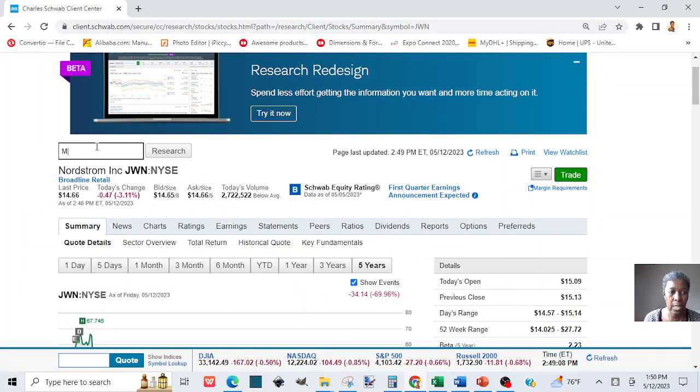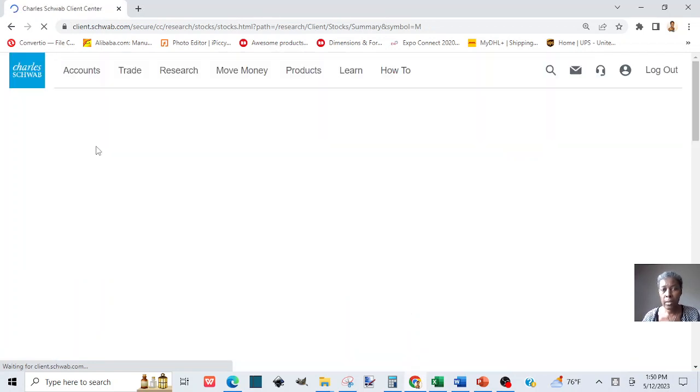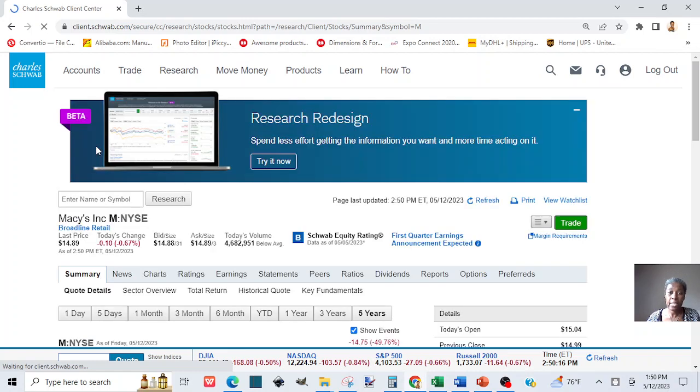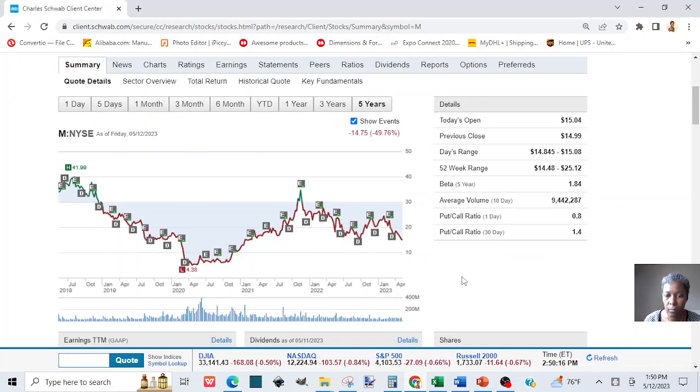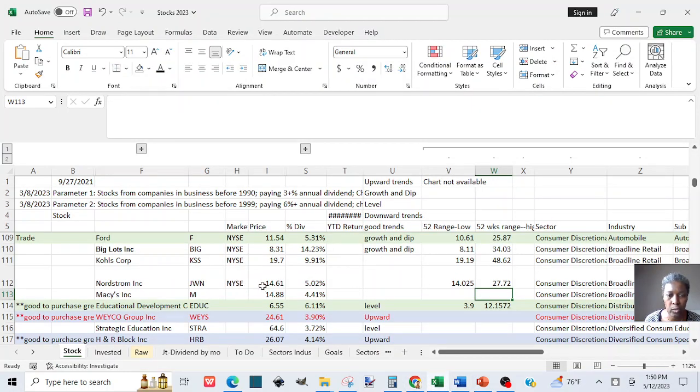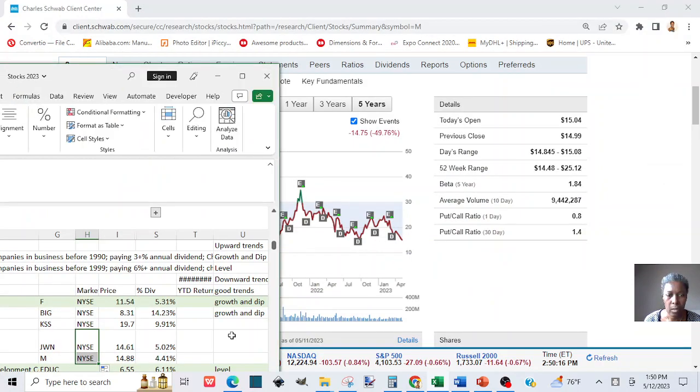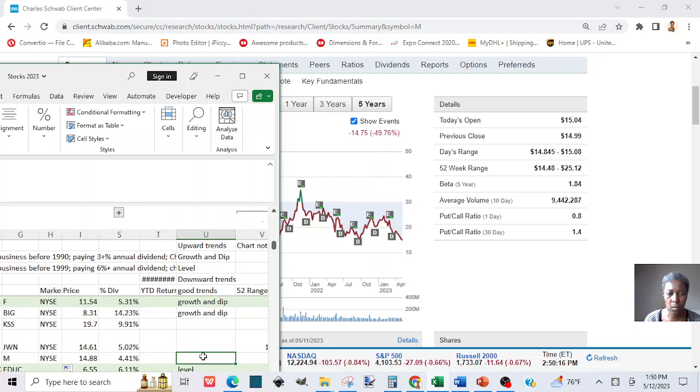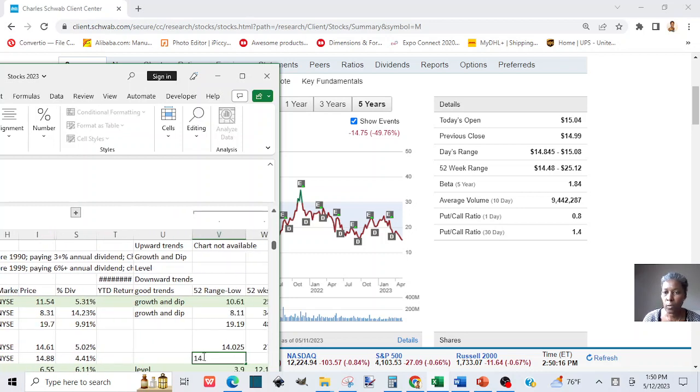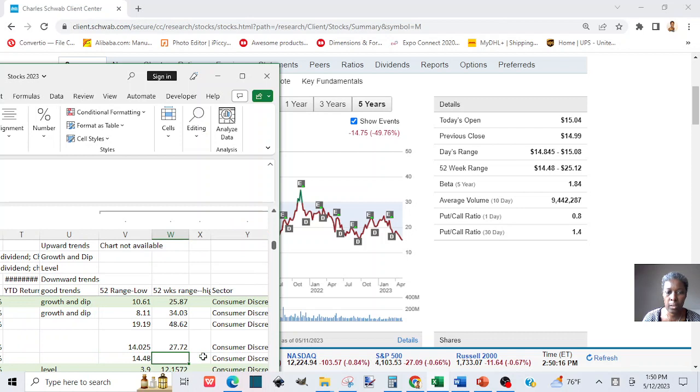So we are going to see M as well, and we will record the stock, the market it is sold on, and the 52 weeks low and high as well, and it is on the New York Stock Exchange. At some point it sold for 14.48, and another time it sold for 25.12.